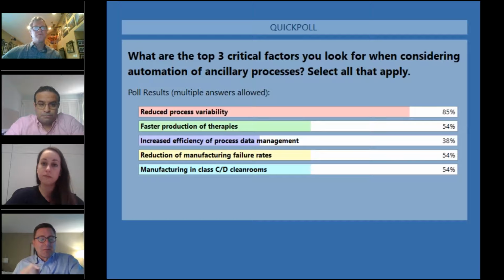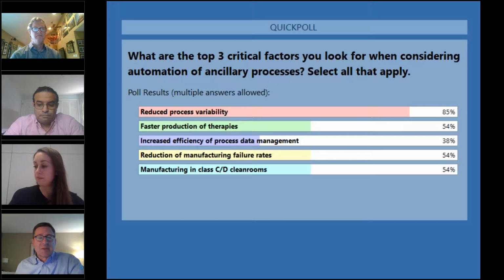And interesting, really quickly, looking at the poll results here, the responses echo a lot of the concerns that you all raised at the start of this session around closing and automating.